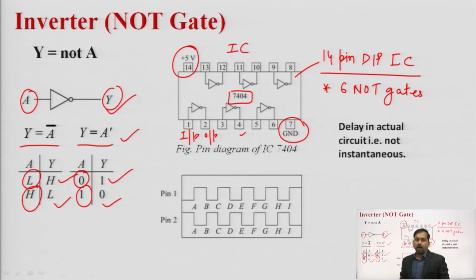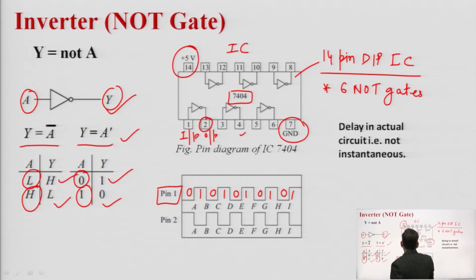If we are providing a pulse, let's say at pin number 1, which is something of this type, 0 1 0 1 0 1 0 1, then the output visible at pin number 2 will be 1 0 1 0 1 0 and so on. The inverted waveform will definitely be visible at pin number 2.